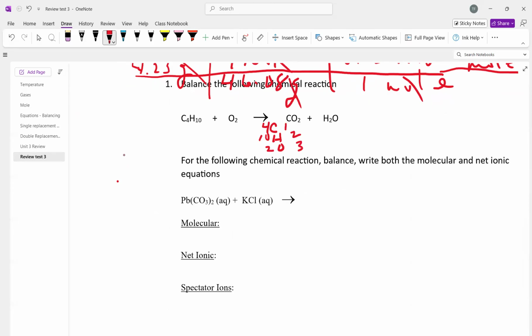Let's make it 4 carbons. That's going to make 11 oxygens. Let's make this 5 waters, so it kicks the number of hydrogens up to 10.